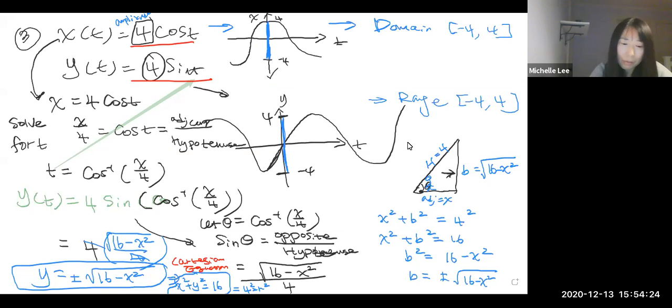For example, if we have 8 cosine t, 8 sine t, then x squared plus y squared equals 64, okay? And then the domain and range start at -8 and go until 8, okay?